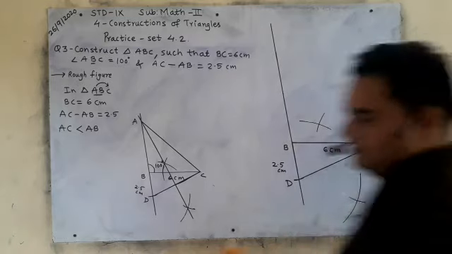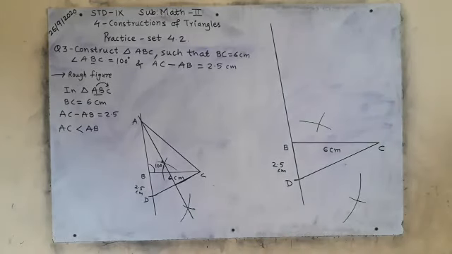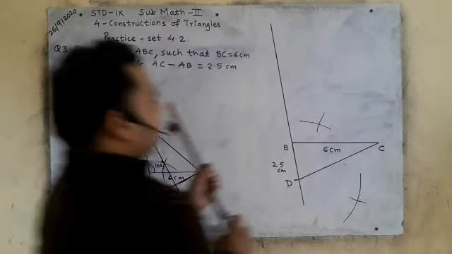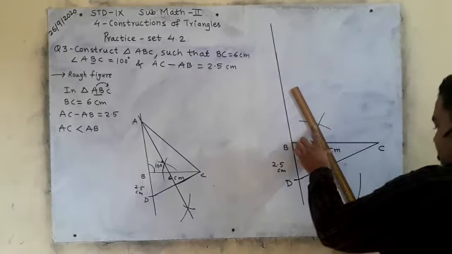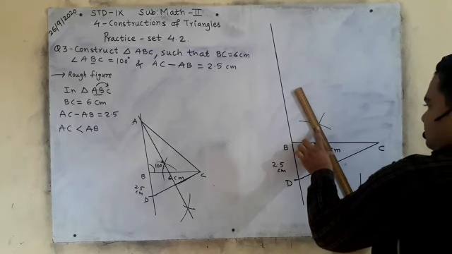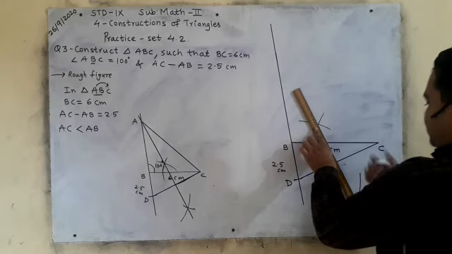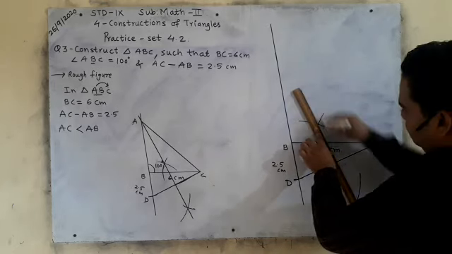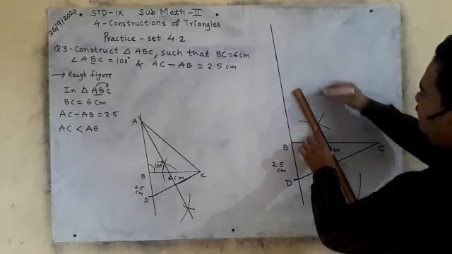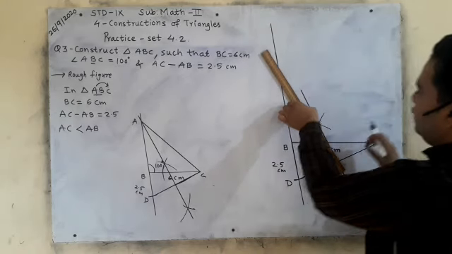Now we will join these intersected arcs with the help of the scale. Look here. Extend this properly.